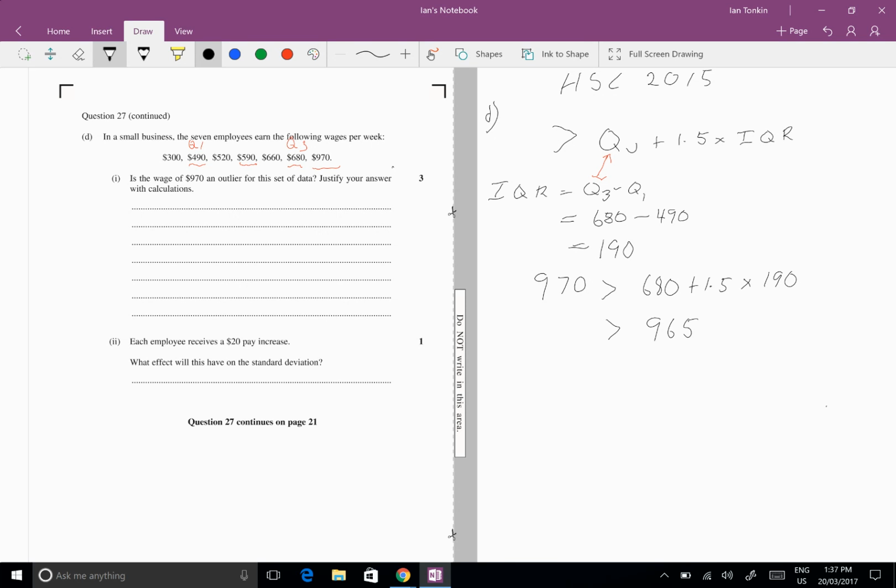And 970 is greater than 965. So yes, answer the question, yes, 970 is an outlier. So I've got my calculations, I've answered the question. Let's move on to part 2.